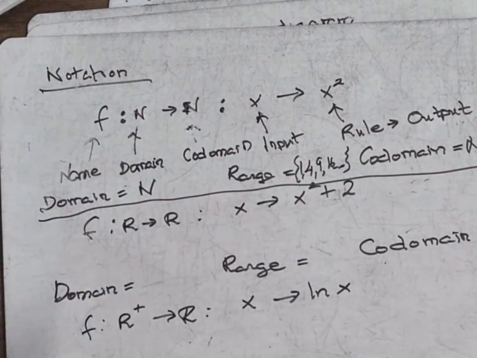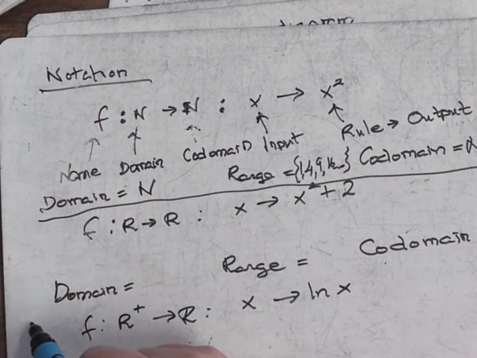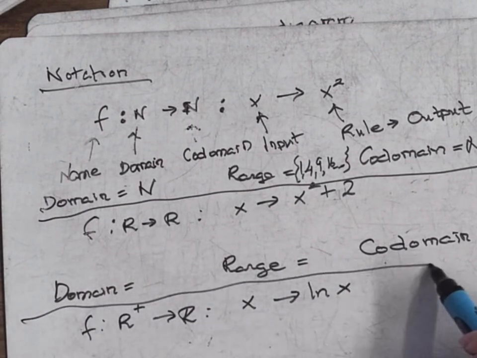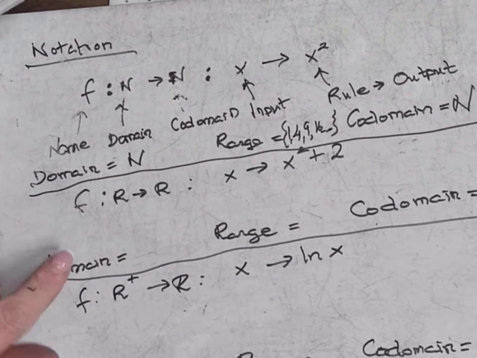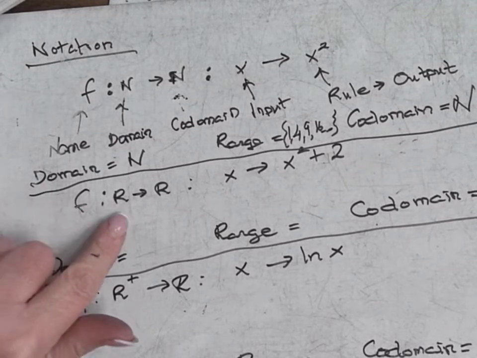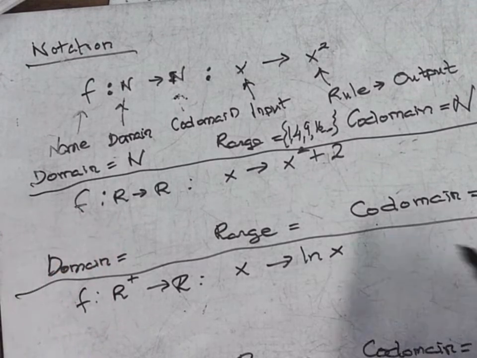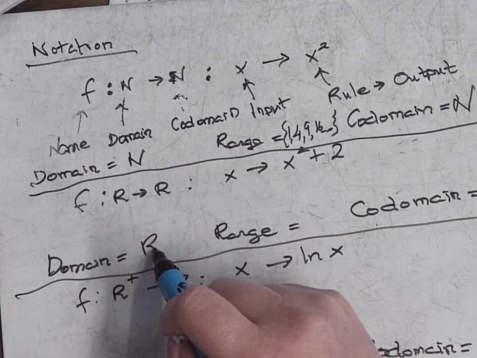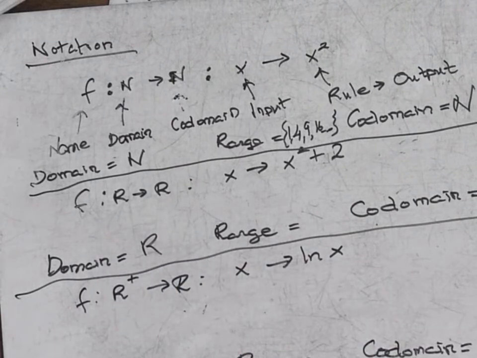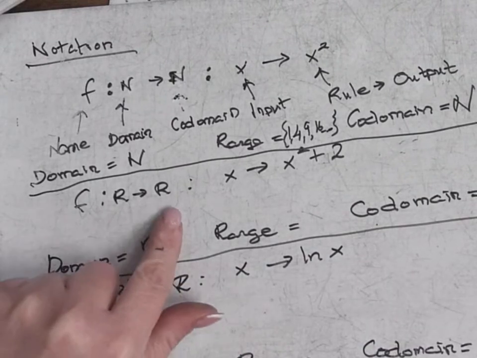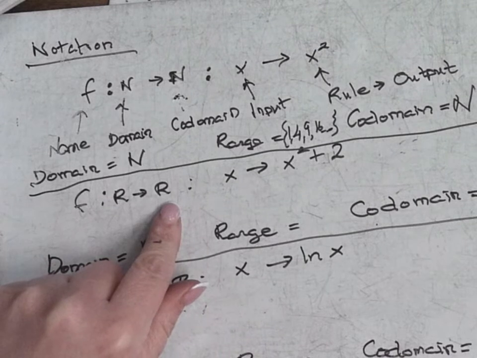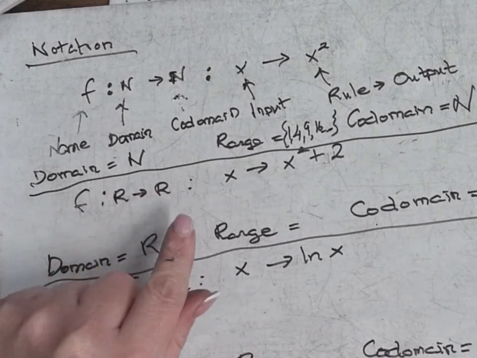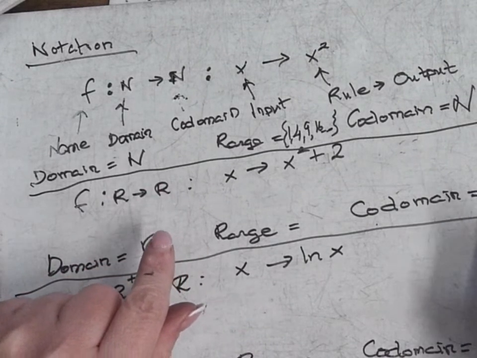Here is another function. F is the name. What's this R? The domain, what you're allowed to put in. So I'm allowed to put in any real number. This R is the codomain, so any real number can come out.